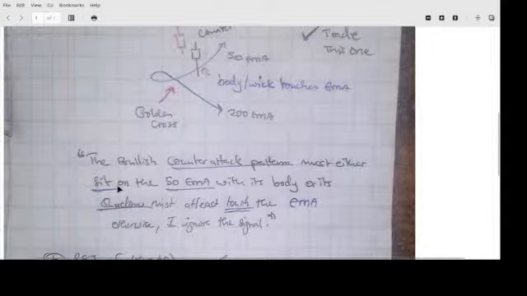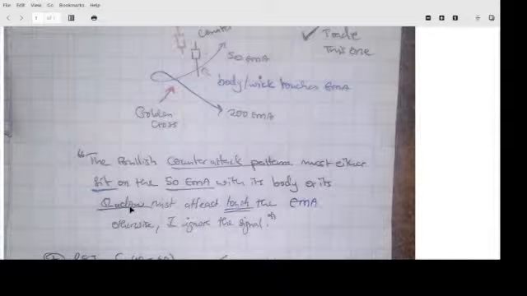So the candlestick pattern must either sit on the 50 EMA with its body or its shadow, all right? So in candlestick land, this wick is called a shadow, okay?